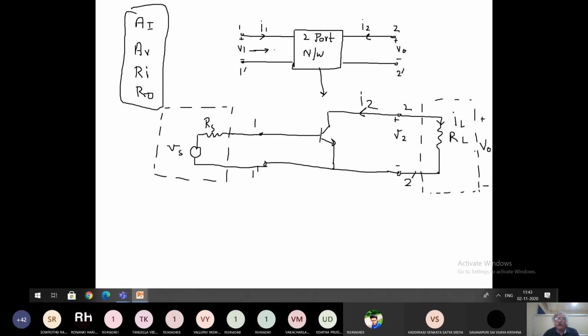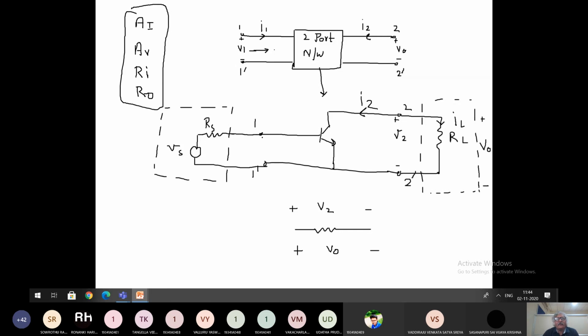So V2 and VO are the same. Because suppose this is a resistor, if you measure a voltage across it from here and call it V2, and if you measure the voltage across this side and call it V out, both are the same thing. You see this RL resistor and we are measuring V out, VO, here, and V2 is at the terminals 2 and 2 dash, so both are the same. So the output voltage is the same, it is not a problem.